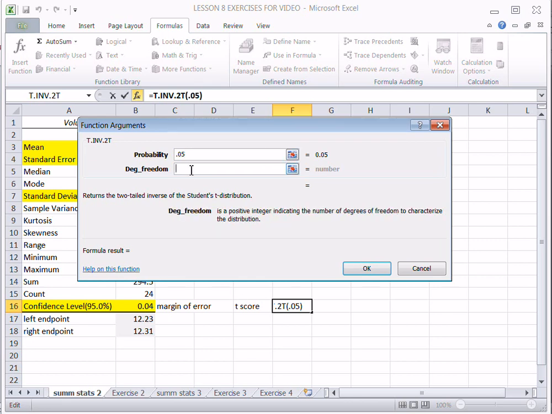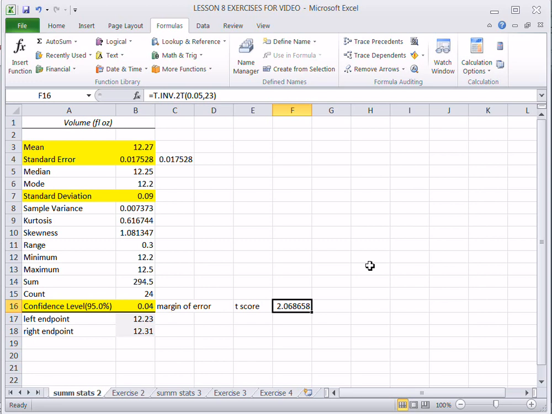Degrees of freedom, one less than sample size, 23. Lowest, again, it's around 2, but this time it's a little closer to 2 than in the previous example where we had a smaller sample, right? So here, the t-score is 2.068, just a little bit more than 2 standard deviations from the mean when we had a sample size of 24.